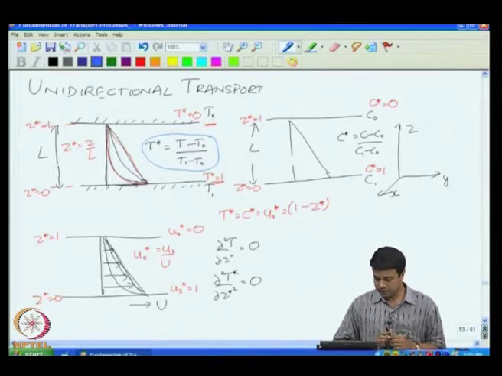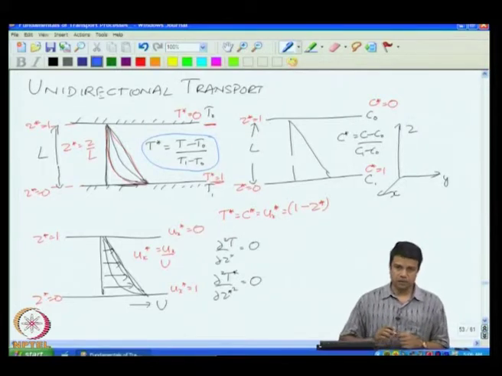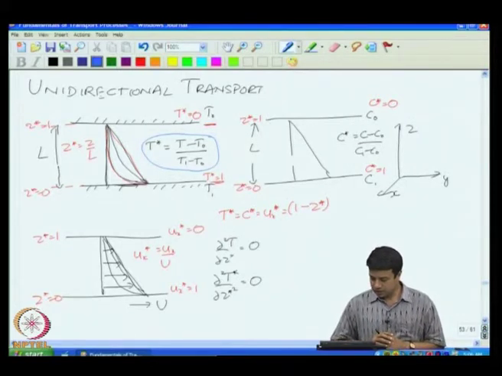Defined this way, in all cases the scaled temperature varies between 0 and 1, the scaled concentration varies between 0 and 1, the scaled velocity varies between 0 and 1. So, the equations are the same, except that one has to put in the appropriate diffusivity. The lengths all scaled vary between 0 and 1.